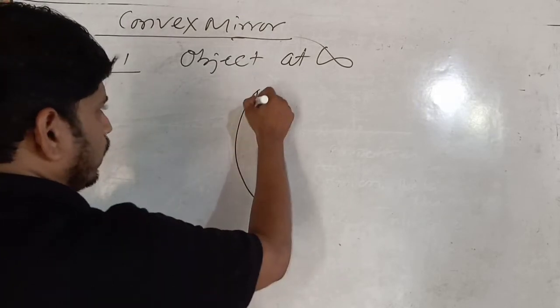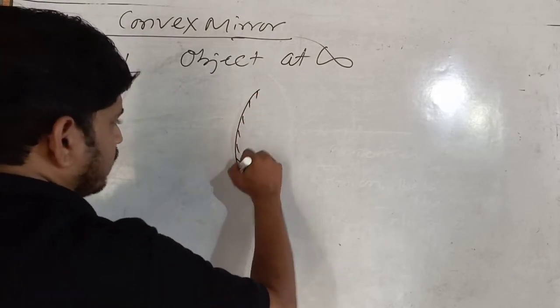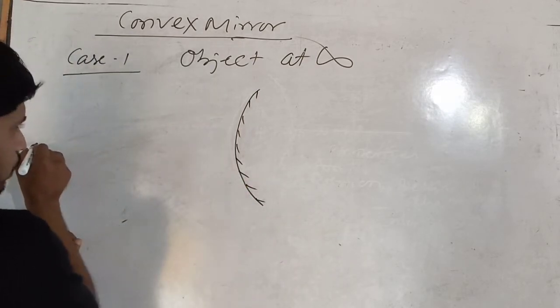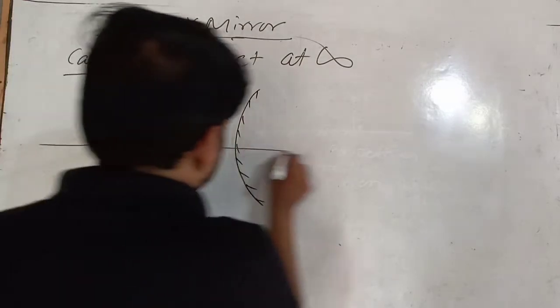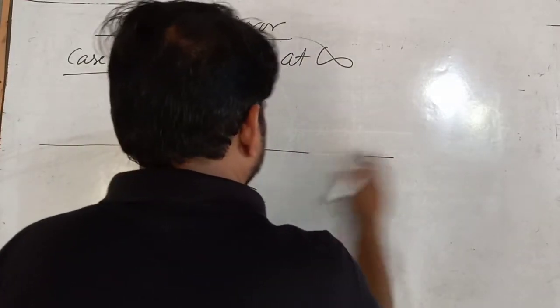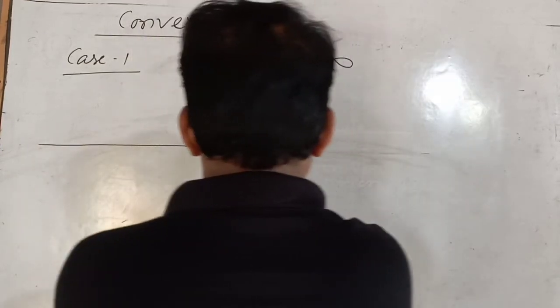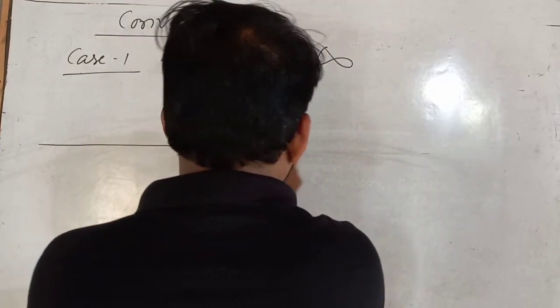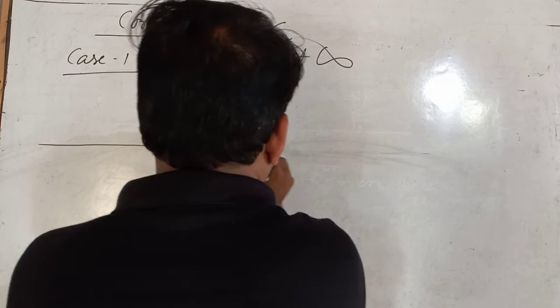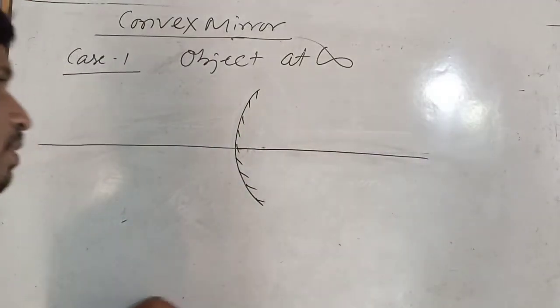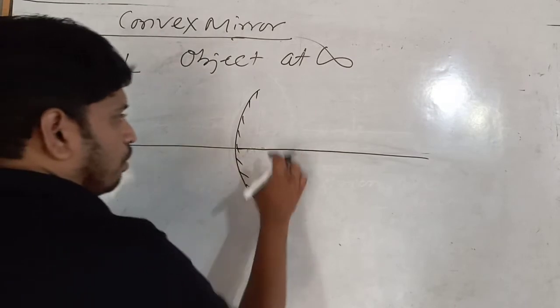So this is your mirror. The non-reflecting surface is dashed, and the reflecting surface is towards our left. Draw the principal axis straight using the ruler.